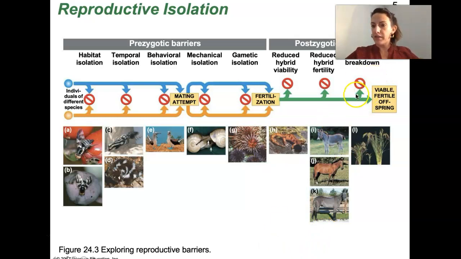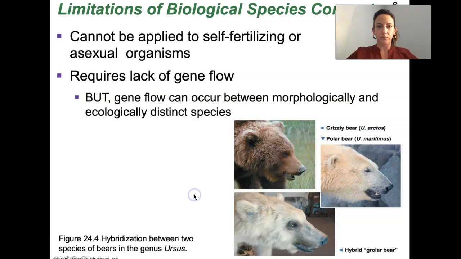Or hybrid breakdown, where the hybrid might form, but is going to be breaking down over its lifetime and not live as long. Okay, so there's lots of prezygotic barriers and some postzygotic barriers that create this reproductive isolation that is necessary for two different species to maintain the two different species.